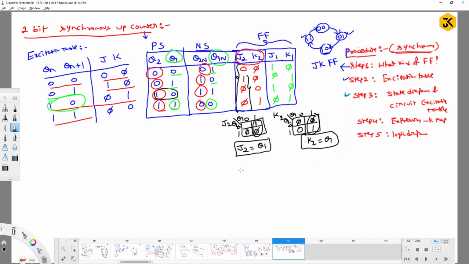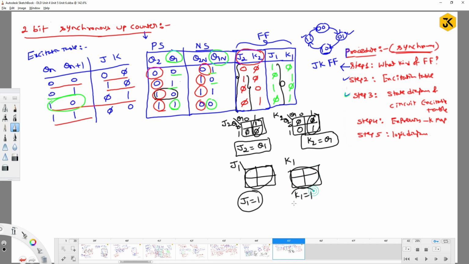Then if you take J1, filling 1 and don't care in any order gives J1 equal to 1. Similarly, for K1, in any order you fill, you get K1 equal to 1.